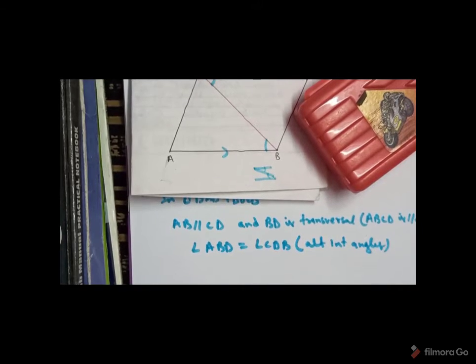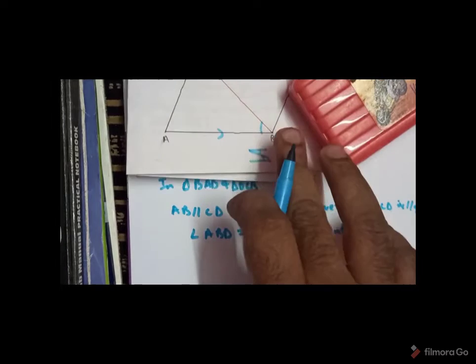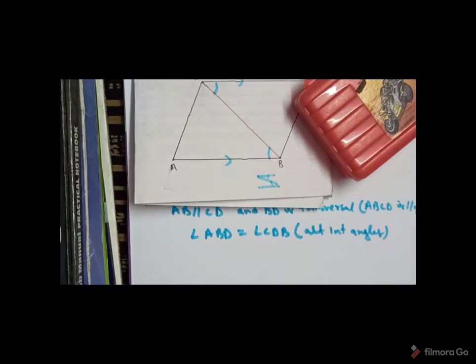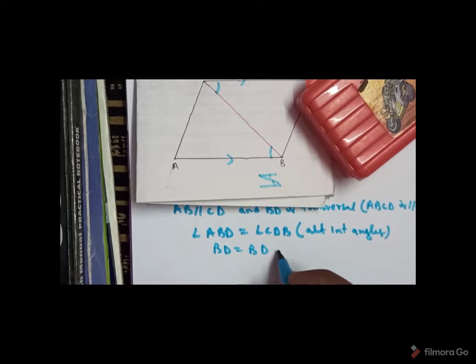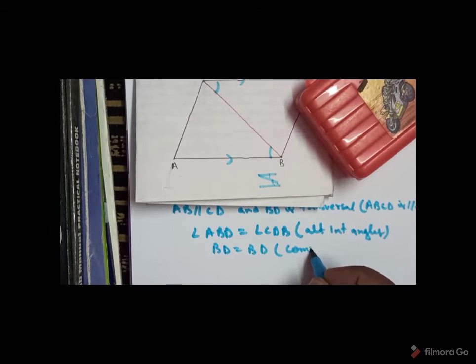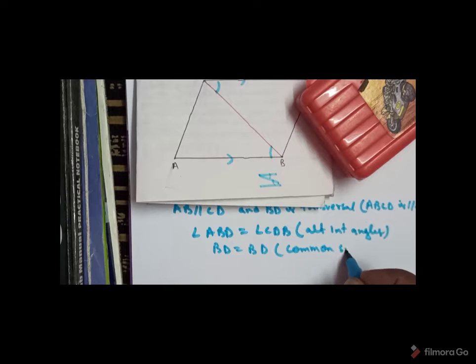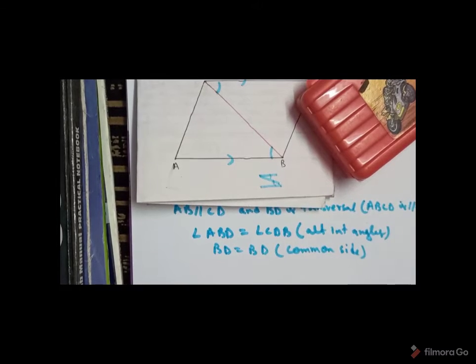Now BD and BD are equal because it is a common side.